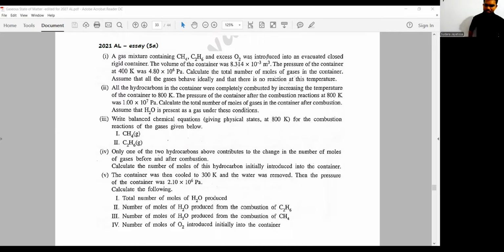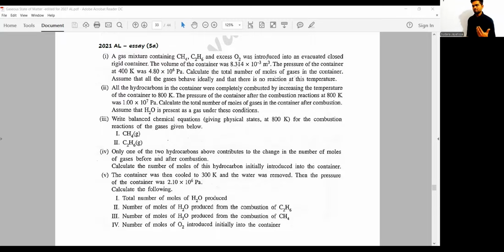Pressure is given. We said earlier in the PV = nRT equation, there are 4 variables: pressure, volume, temperature, and moles. If you know 3 of them, you can find the other. So here you know the pressure, volume, and temperature, so you should be able to find the total moles. Very easy.